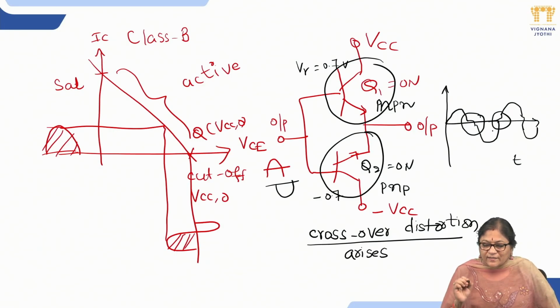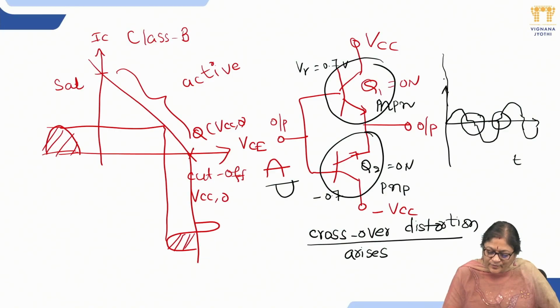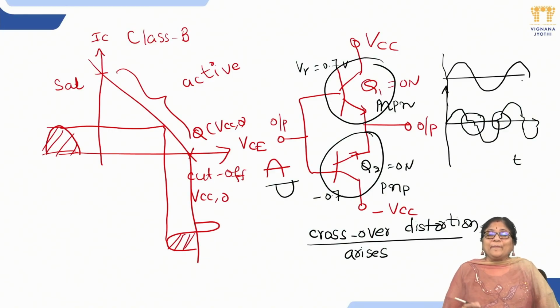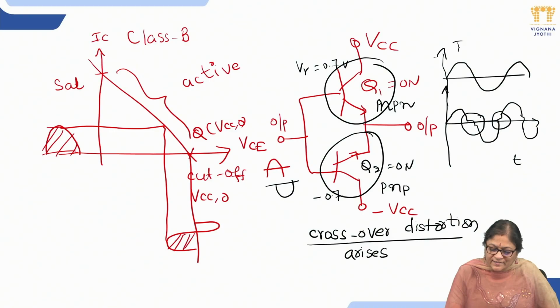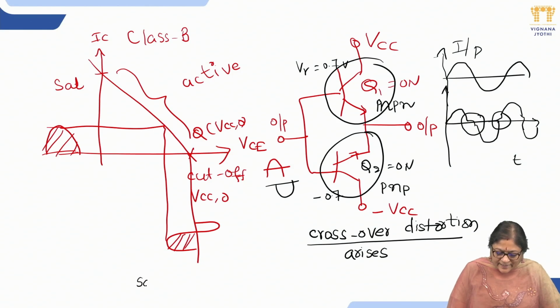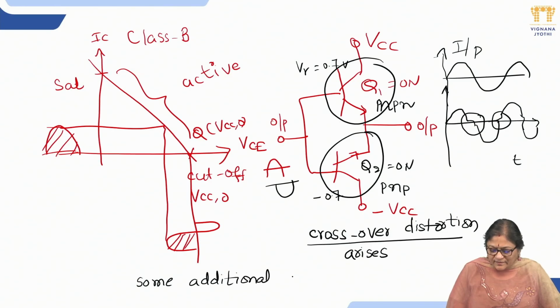We don't want the crossover distortion, because for a given input we want the output to be amplified in terms of current and voltage, but the shape should not get distorted. So this is the input voltage, this is the output voltage. To avoid this crossover distortion, we have to introduce some additional components in the original Class B power amplifier.